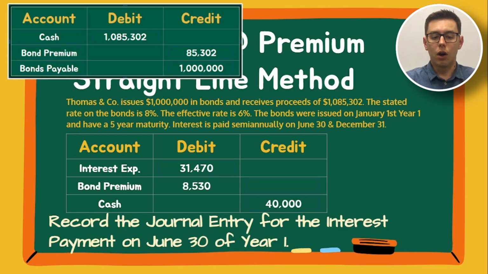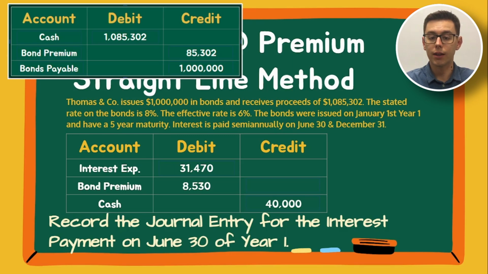Over the life of the bond, we'll be paying $40,000 in interest every single period, but the $85,000 that was paid over the total amount of the bonds is kind of like a bonus. It's kind of extra. We were given $1,085,302, but at the end of the bond's life, we only have to pay back $1 million. So we actually received extra money.